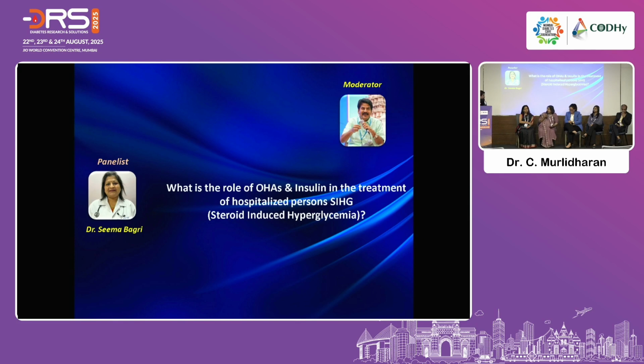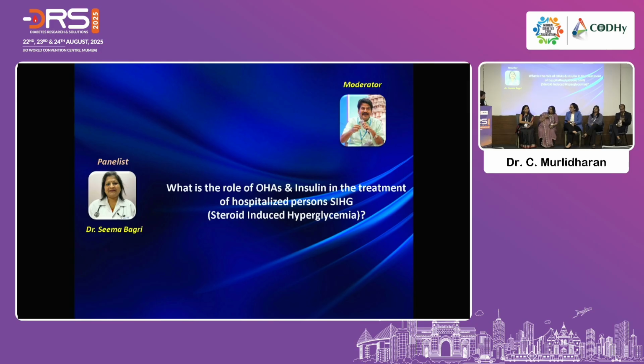Sulfonylurea, of course, can cause hypoglycemia, especially when the patient's oral intake is not there. So these three drugs are generally not preferred. Maybe DPP-4 inhibitors can be given in those patients where blood sugars are mild and the patient's stay in the hospital is short. So DPP-4 inhibitors are still preferred.